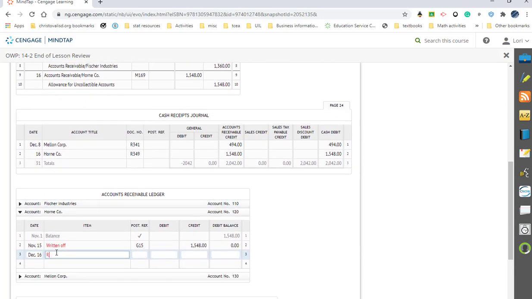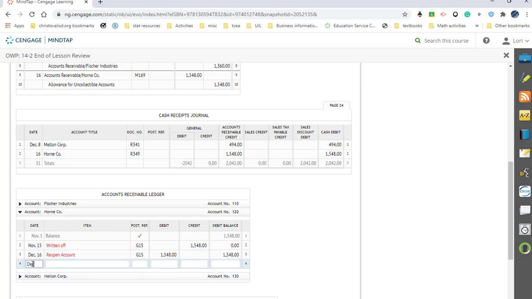We need to reopen the account. And G15 is again the reference. And so this time we're putting the money back over as a debit, and they now have a debit balance of $15.48.